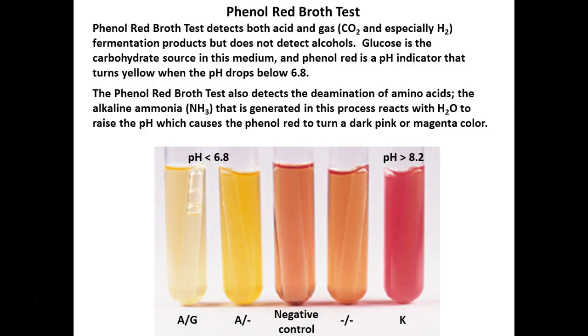Deaminated the protein. When they eat the protein, they produce ammonia as a byproduct. Right? Turns it pink. Some organisms ate the sugar really fast, right, and then started eating the protein, so then you went yellow, and started getting orange, and if you let it go, it would have ended up being pink.